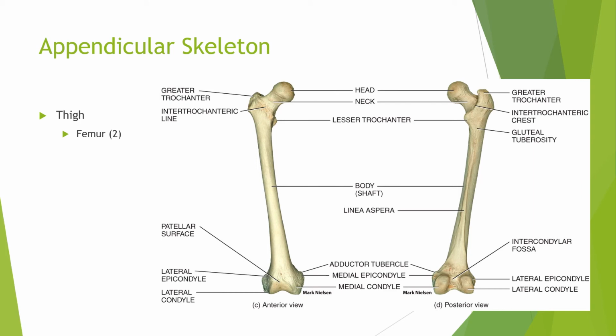The thigh region consists of the strongest and largest bone in the body known as the femur. It looks similar to the humerus, it's just larger and the features are more pronounced. The head is more noticeable and the neck is more prominent.